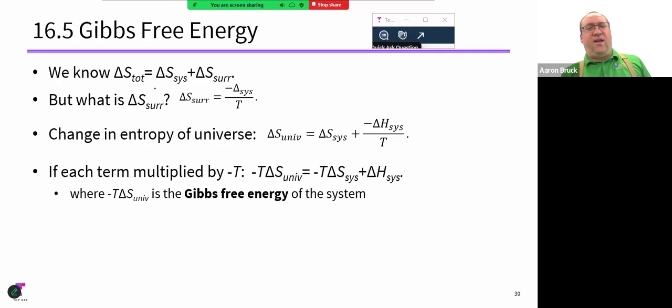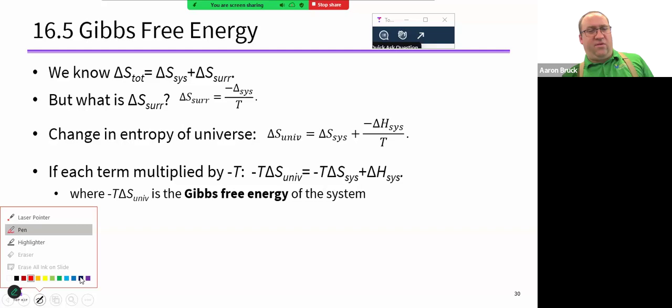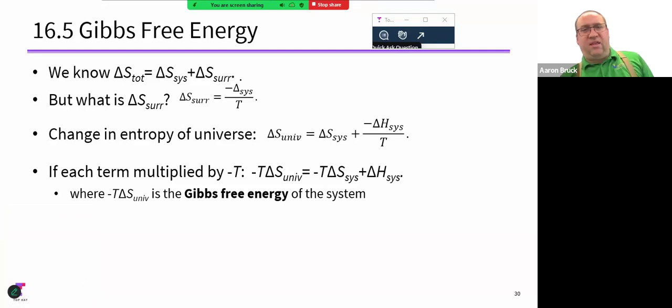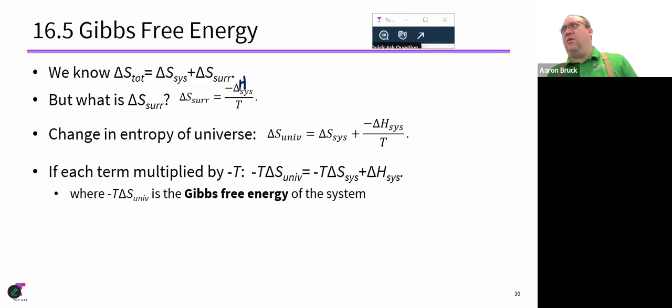How do I quantify that? Well, I can quantify the entropy of surroundings by taking the enthalpy of the system, and the opposite of the enthalpy of the system divided by the Kelvin temperature would give me the entropy of surroundings. Okay, that's a start.